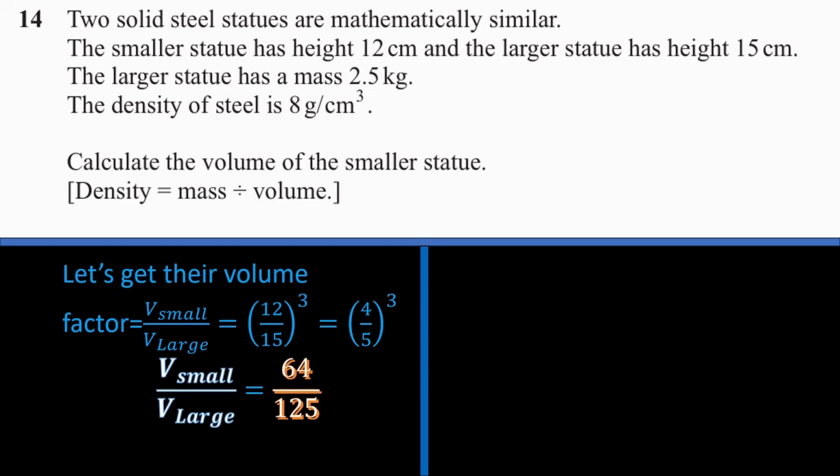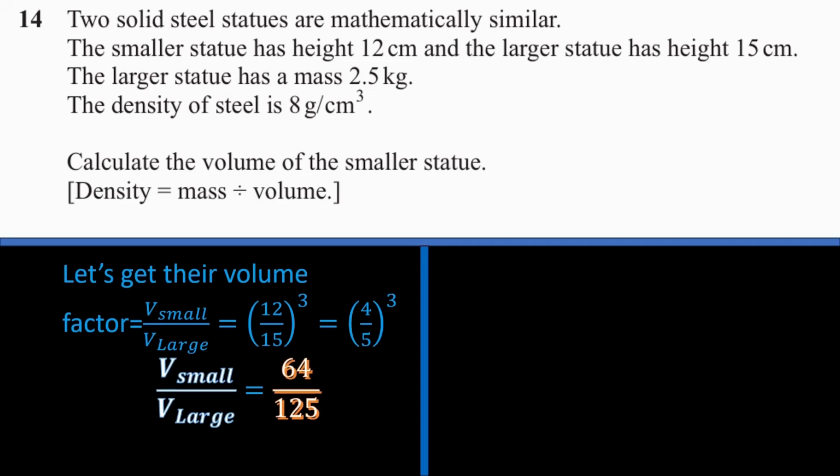And so we are told that the height of the smaller statue is 12 centimeters and that of the larger one is 15 centimeters. And so when we take a fraction, 12 over 15, that gives us what we call scale factor. And so how do we turn it to volume factor?